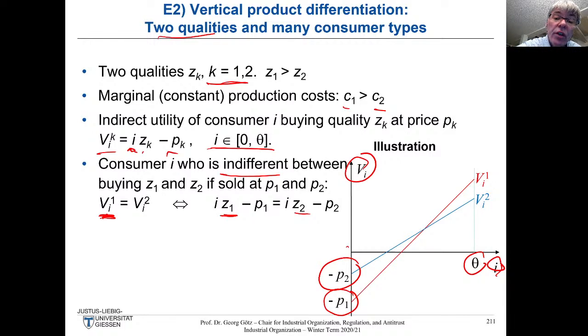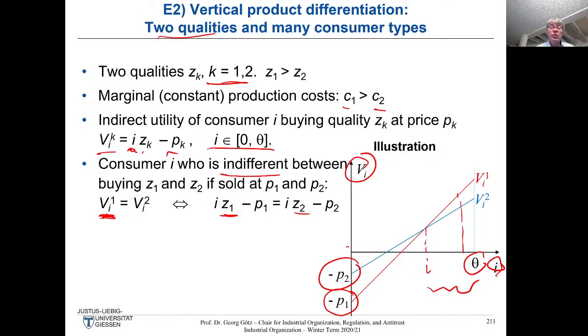Why? Because as I drew this, we have an intersection. If we look at this consumer I here, this consumer is indifferent between the two products, the two qualities, because the indirect utility is the same. For the consumers at these price levels P1 and P2, the consumers to the right of I have a higher willingness to pay, or a higher indirect utility, from product 1 than from product 2.